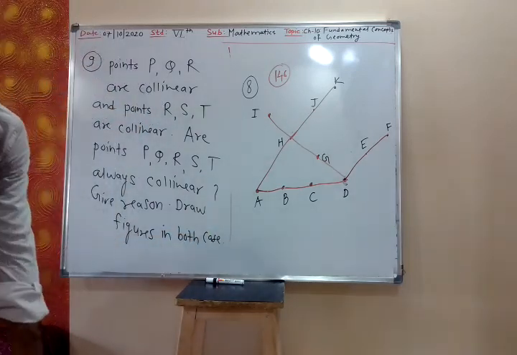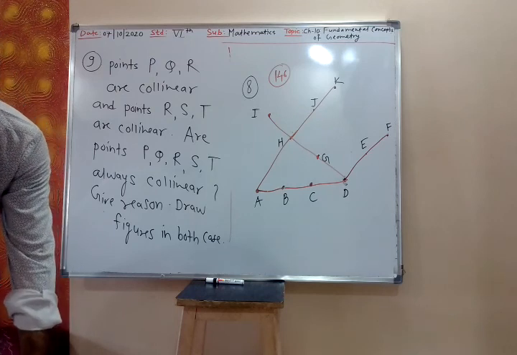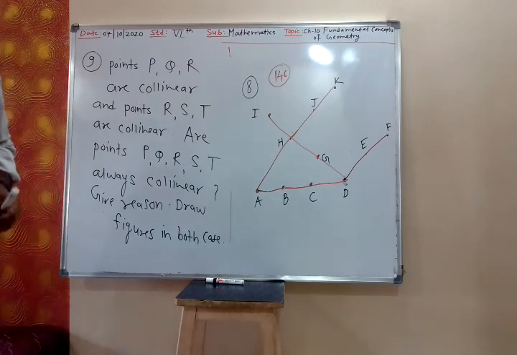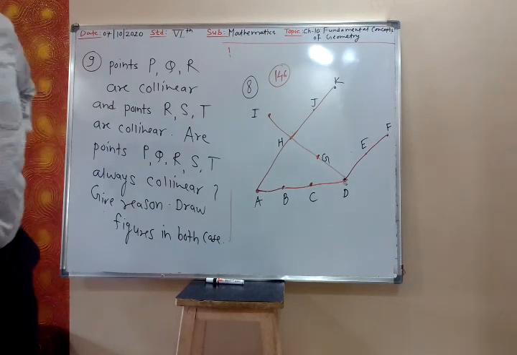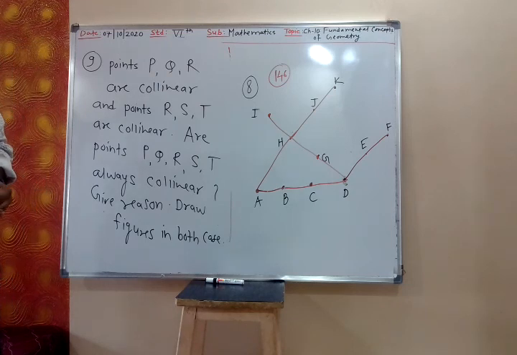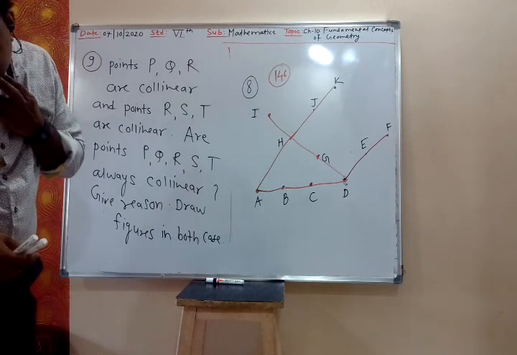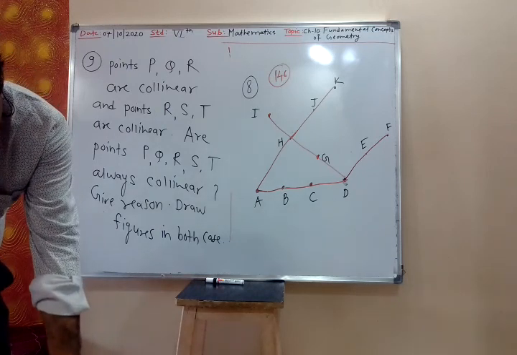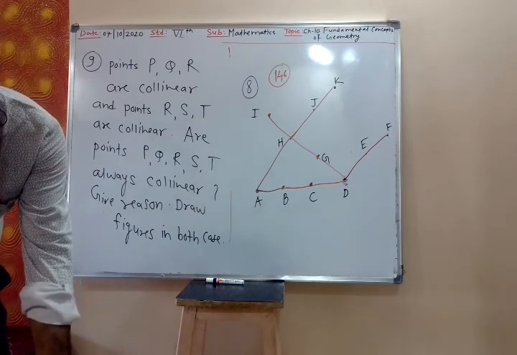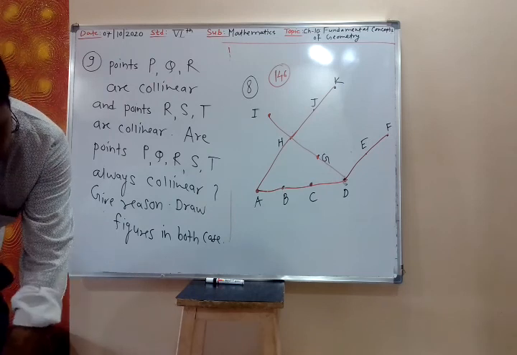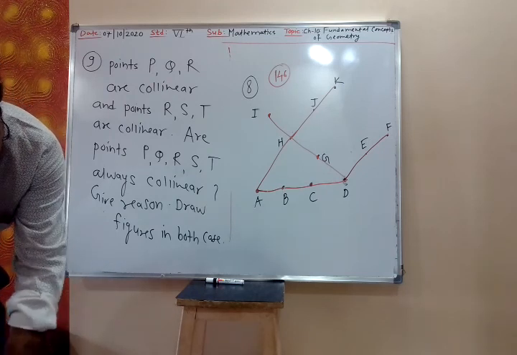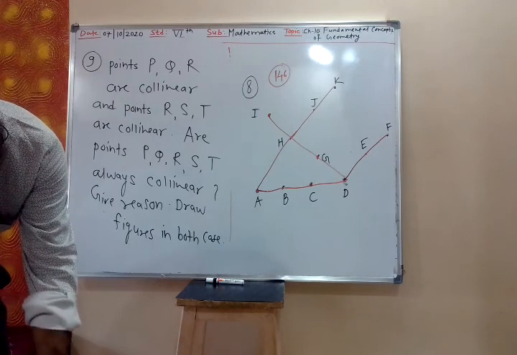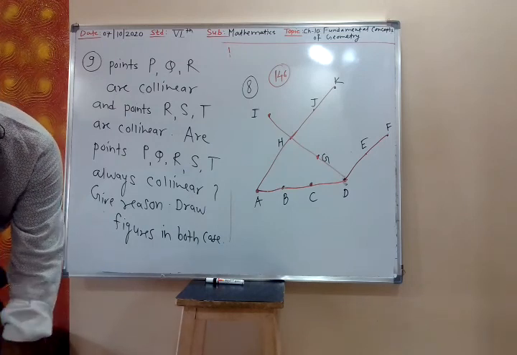So now this ninth one we have to understand. Are points P, Q, R, S, T collinear?